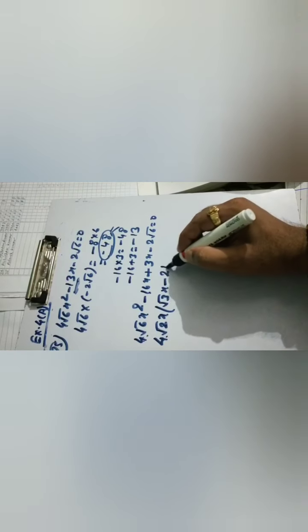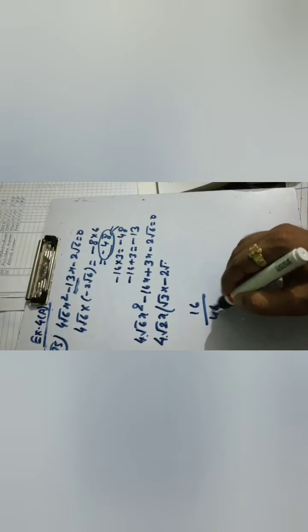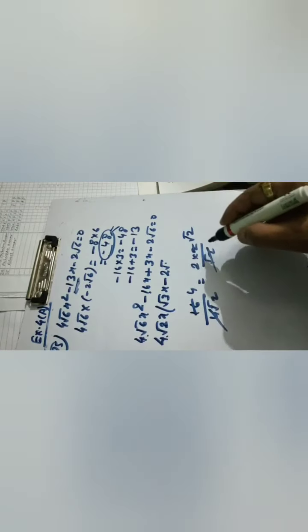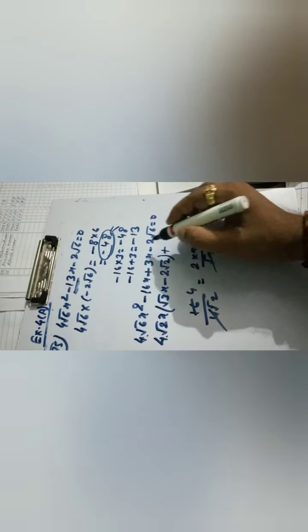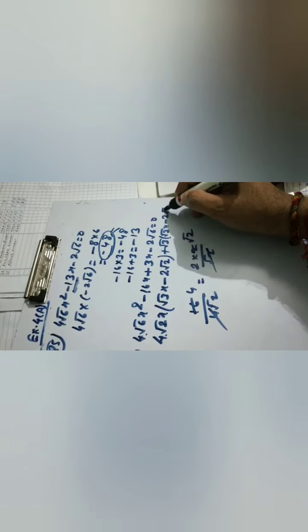So 16 divided by 4 root 2 will be, 4 4s are 16, that is 2 into 2 by root 2, then it will cancel with root 2, then 2 root 2 will be left here, and plus here root 3 is common, then root 3x will be left here, and minus 2, and root 6 divided by root 2, 3 will be equal to 0.